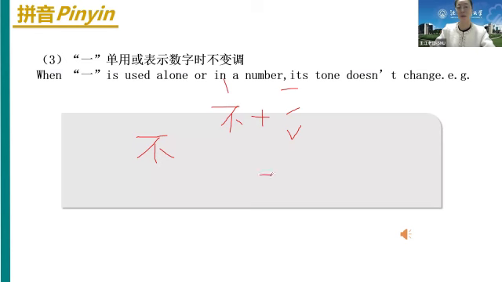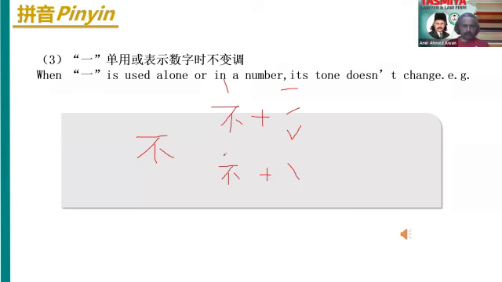When it follows the fourth tone, then it changes into the second tone. Yes, very good. When it is put before another fourth tone, the tone should turn into the second tone.